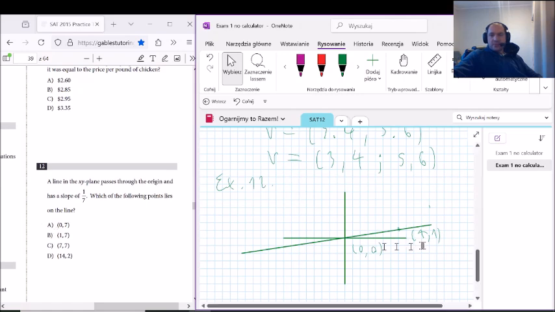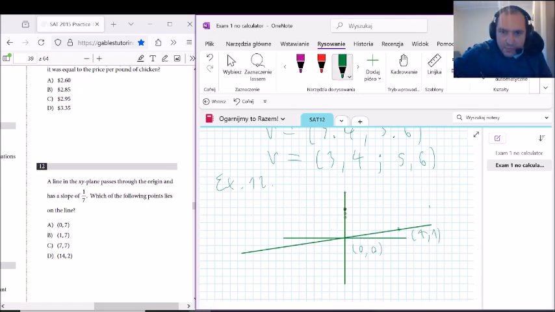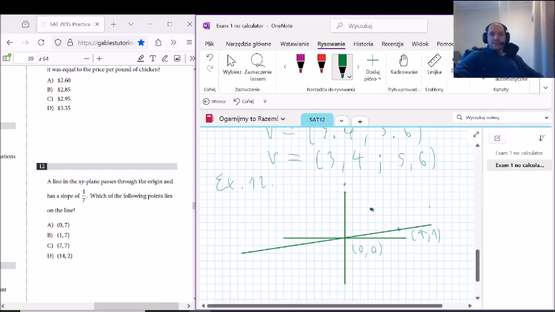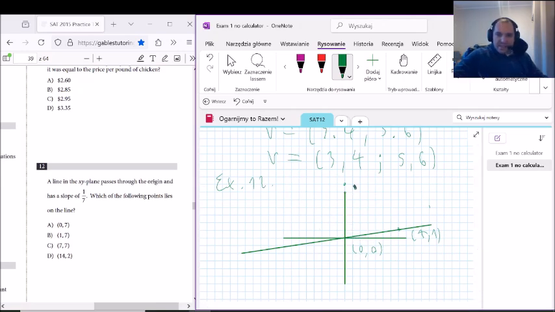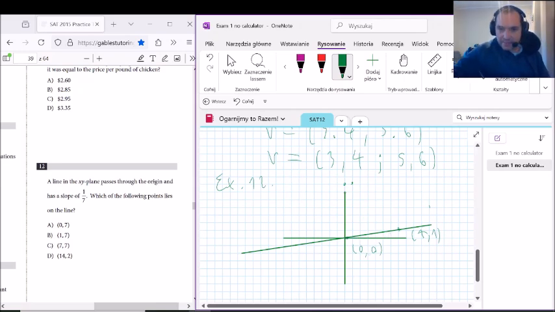For example, 0, 7. 0, 7 is 2, 4, 6, 7. 0, 7 is here. So answer A is definitely not right. Answer B, 1, 7. So 1, 7 is here. Definitely not. 7, 7 is here.